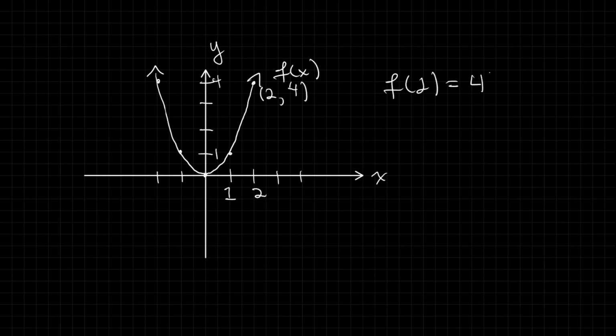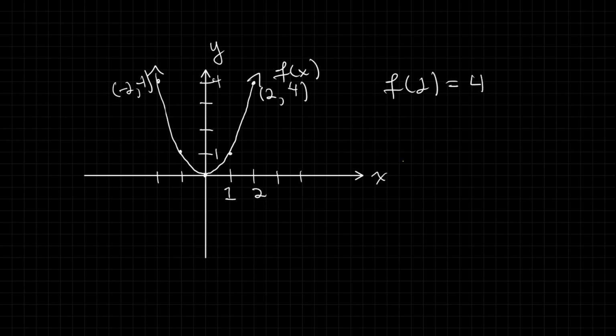In other words, the y value of 4 is the output for the input of 2. There is another point on the graph which has an output of 4. It's on the left, it's negative 2, 4. So the output of 4 has multiple inputs. That means that this isn't the graph of a one-to-one function.